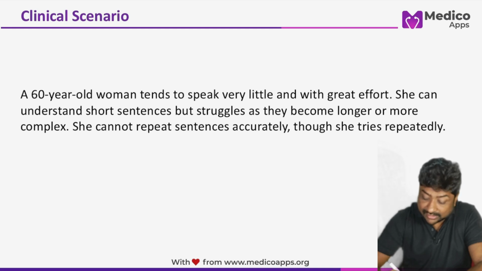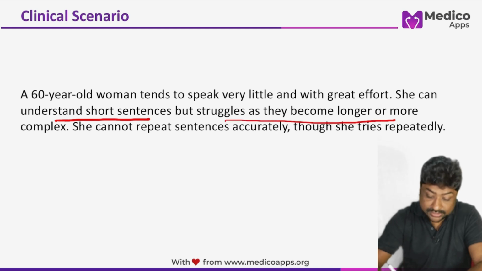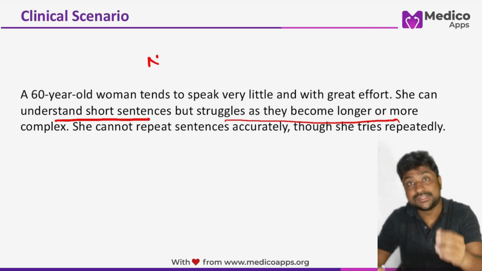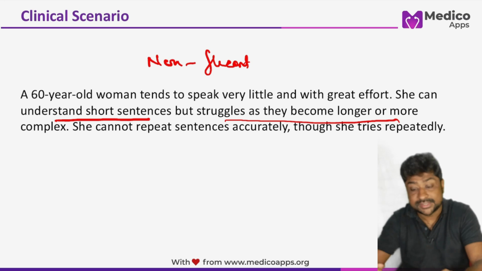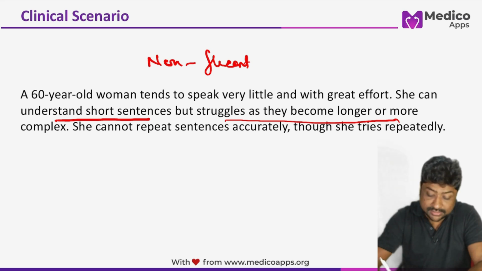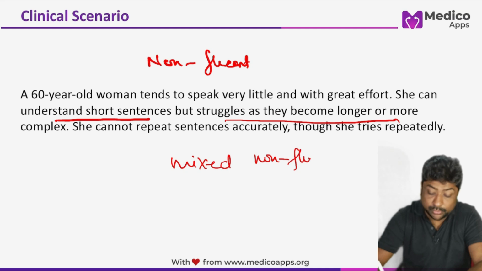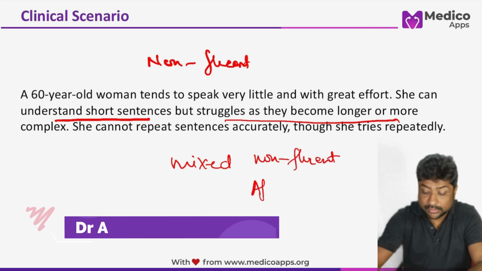A 60-year-old woman tends to speak very little with great effort. She can understand short sentences but struggles as they become longer and more complex. So her fluency is decreased, so this is non-fluent. Understanding also is decreased but not completely lost. So we don't have a global aphasia. This is what we call mixed non-fluent aphasia.